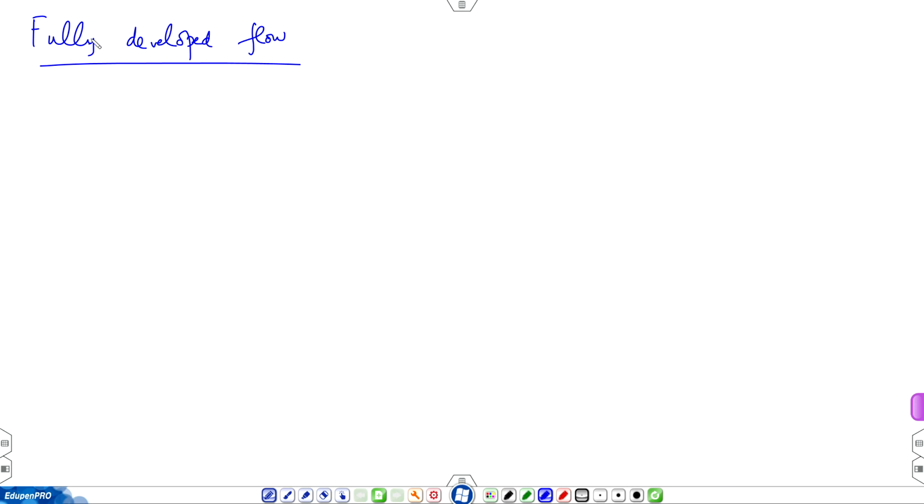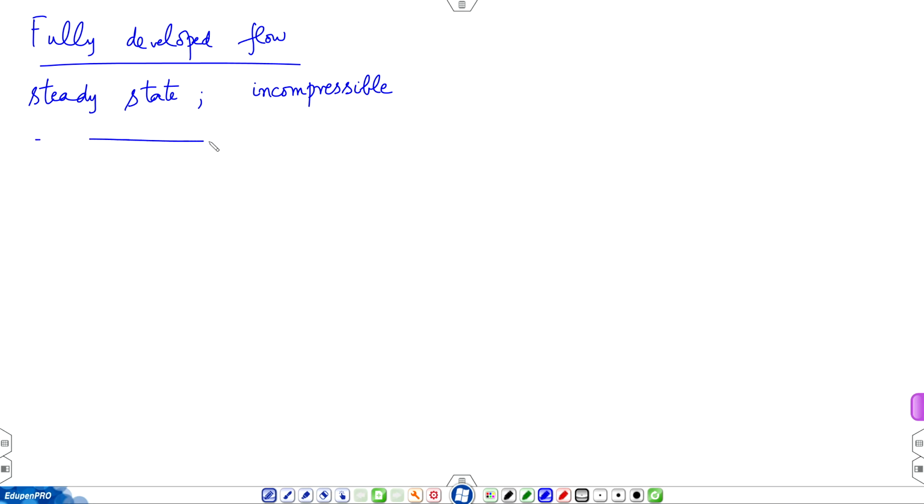So, essentially we neglect entrance effects, also called edge effects. So, fully developed flow with steady state flow is taken to be incompressible.